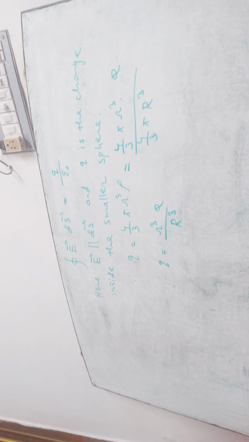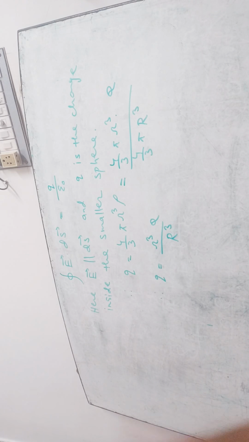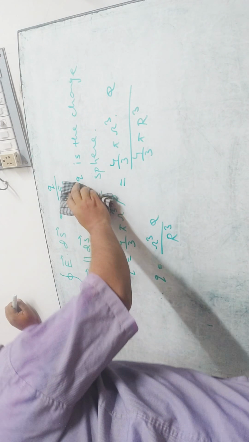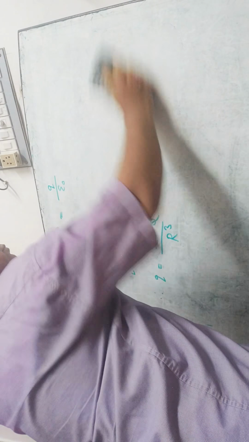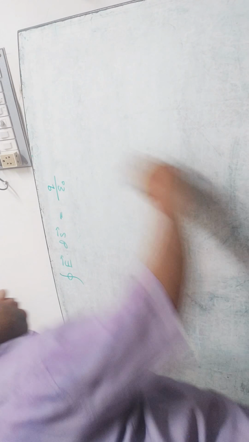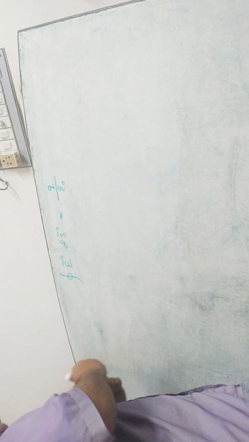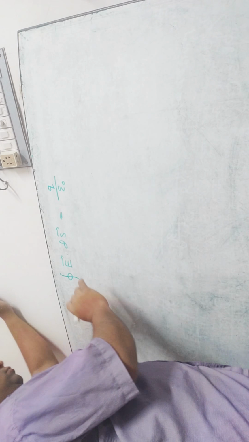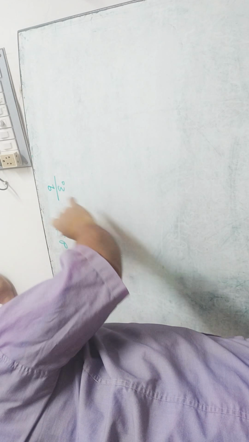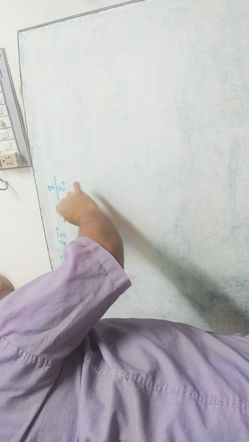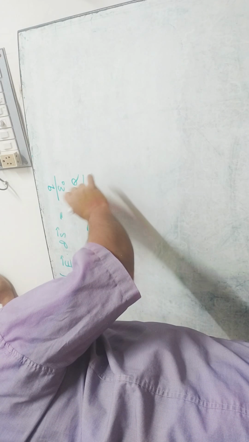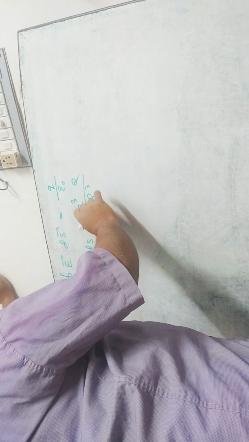Now we can find the value of this integration, putting the value of small q in terms of capital Q. The integration of ds is equal to small r cube capital Q by r cube into epsilon 0.